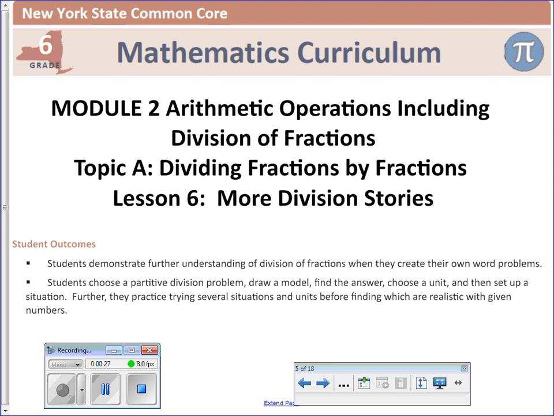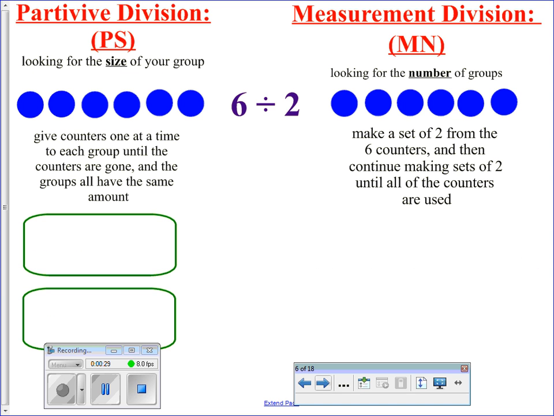Okay, so let's just review what we talked about yesterday. There are two types of division: the partitive and the measurement. Remember that in partitive, we're looking for the size of the group. We did our example of 12 divided by 3. So if that's 12, we're making 3 groups.